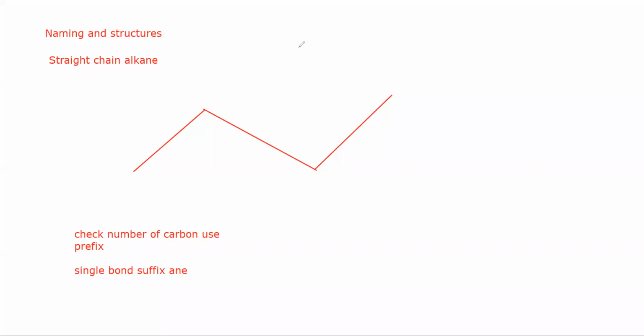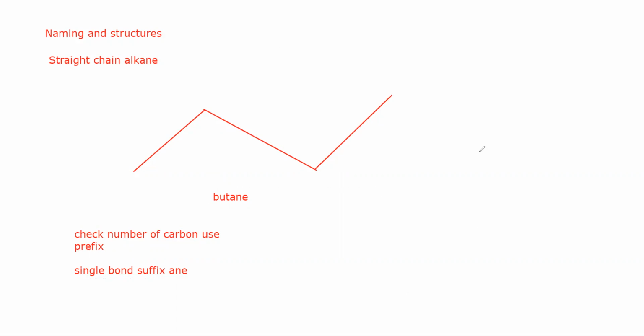For 4, what is the prefix we use? We use but for 4, and because it has a single bond, we call that butane. So actually, this is the structure of butane.